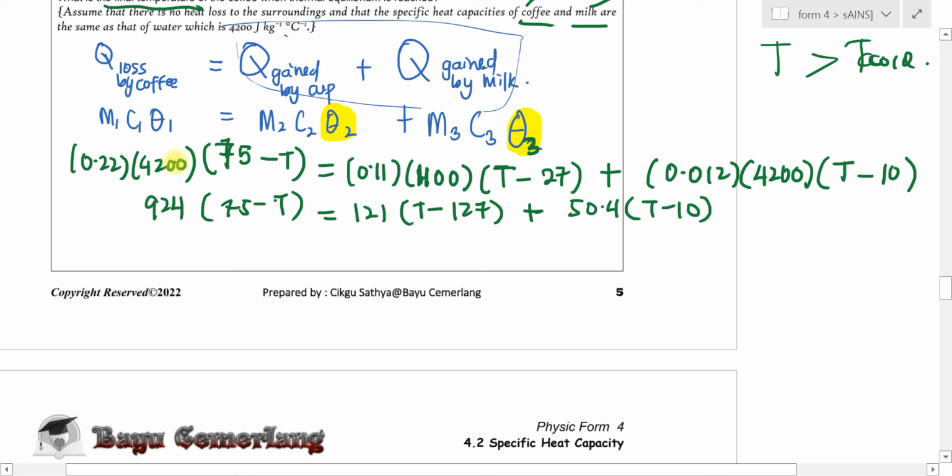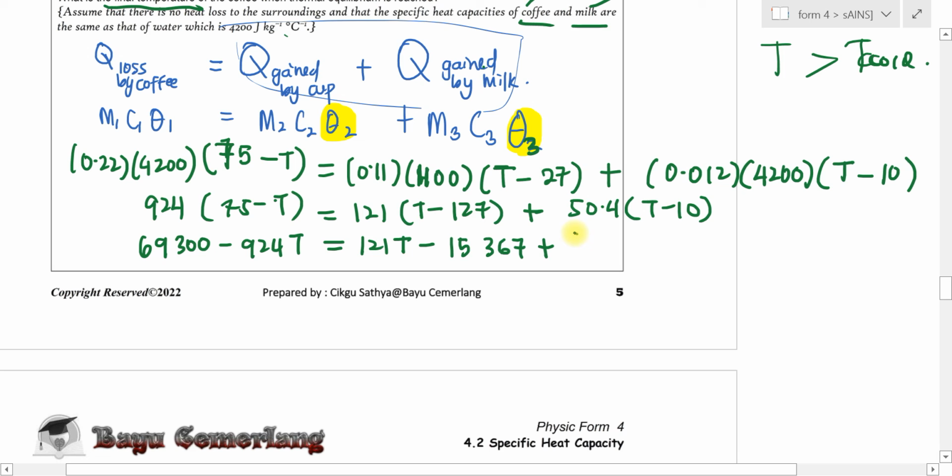924 times 75. I get a big value: 69,300 minus 924T equals 121T minus 121 times 27, which is 3,267. 15,367? Check for me, you also do your own calculation. Okay, sir.